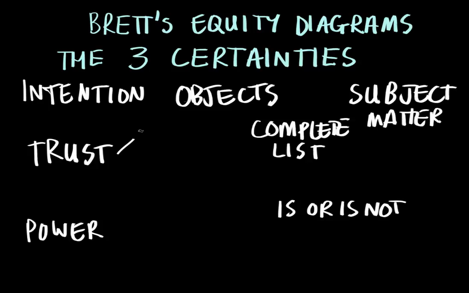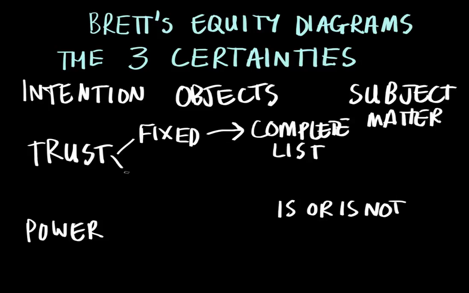So if the settlor intended to create a fixed trust, there must be a complete list of all the beneficiaries. And this is because if the trustee fails to distribute the property, the court can equally divide the property between the beneficiaries because equity is equality, unless there are other instructions.